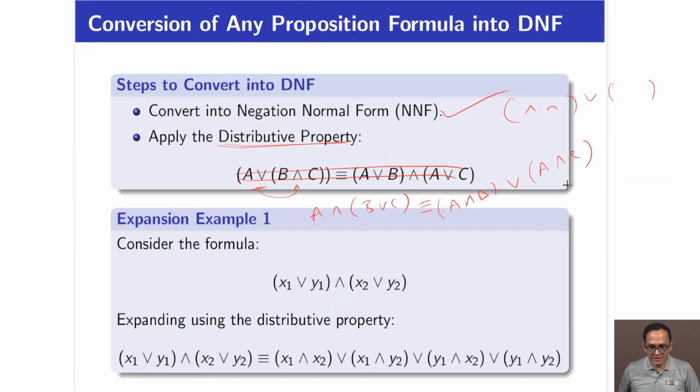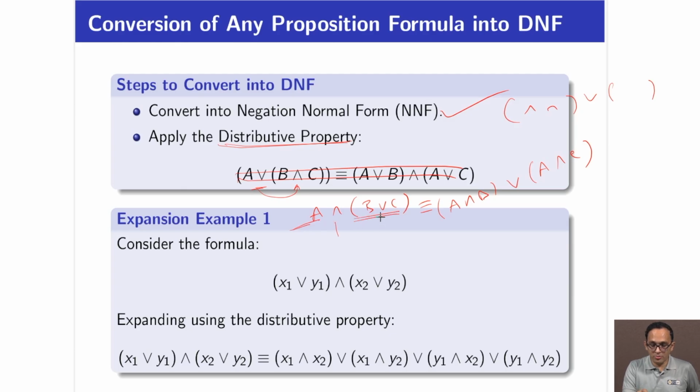Understood. So, now the question comes, how do you convert your formula into DNF? Since the formula has to be in NNF first, I will convert my formula into NNF first, so that I remove all other operators like implication and bi-implication, and negation comes close to the atoms, and then I will apply the distributive property. So, the distributive property is this. Okay. So, here you see I have clause 1 and clause 2.